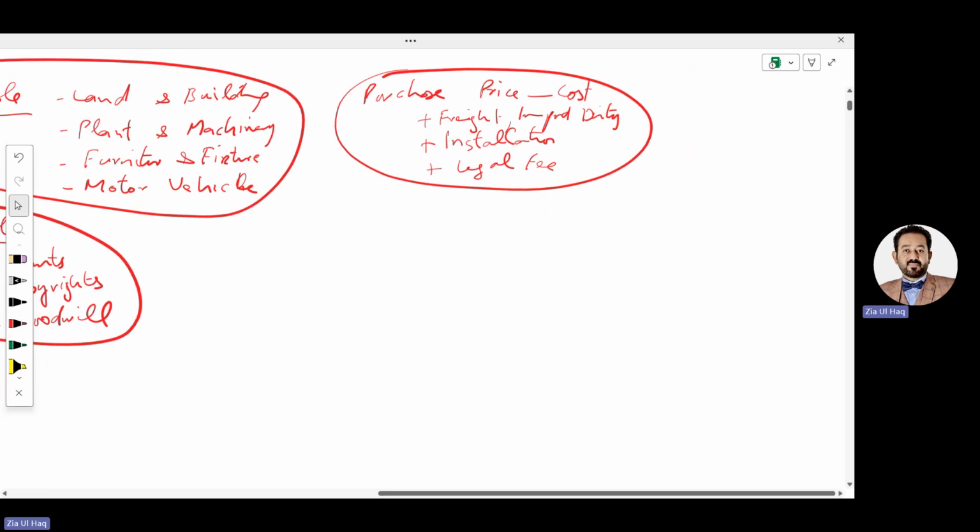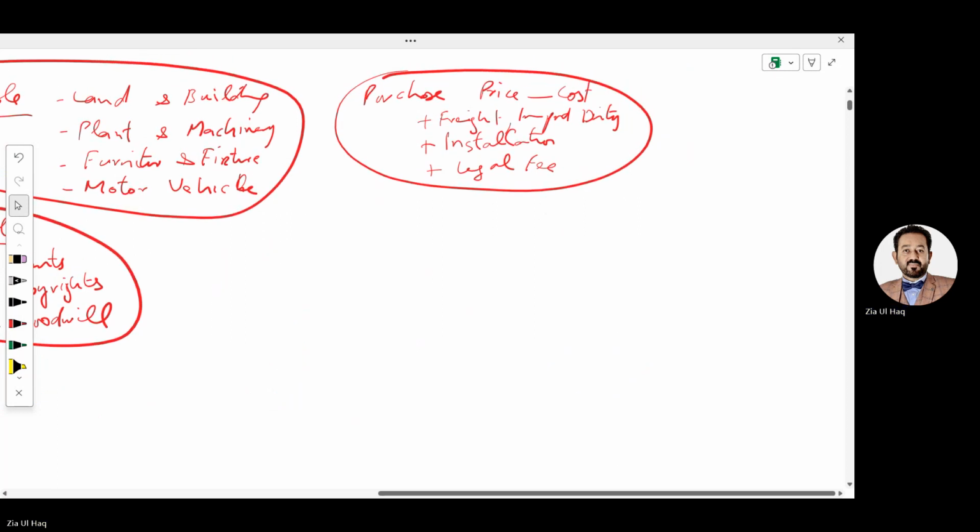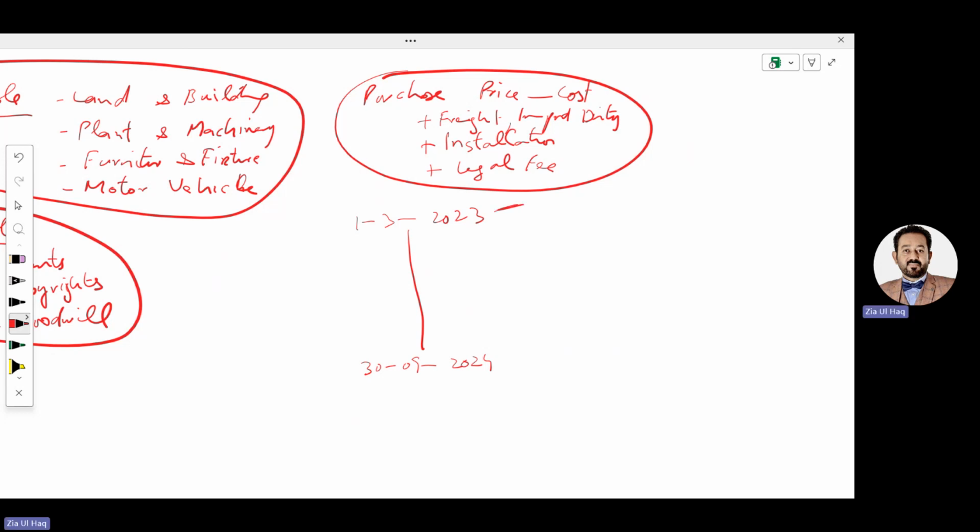Suppose we are constructing an asset. Asset construction started on 1st of March 2023, and its construction will complete on 30th of September 2024. This is the start date and this is the completion date of the asset.